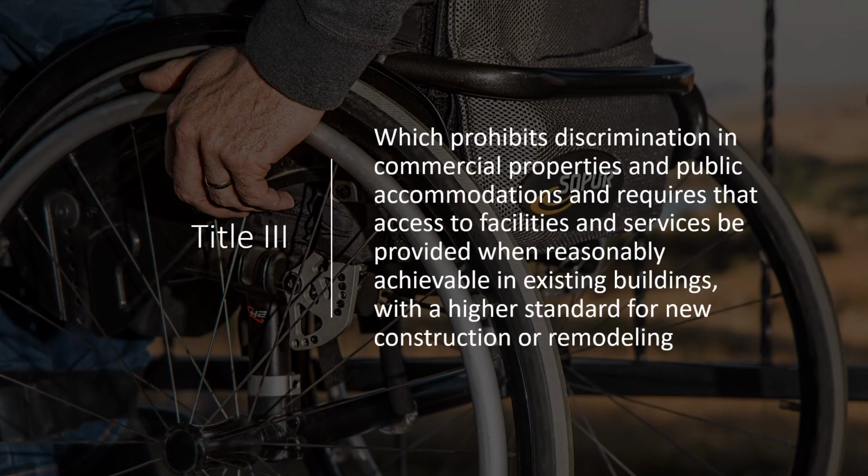Title III prohibits discrimination in commercial properties and public accommodation and requires that access to facilities and services be provided when reasonably achievable in existing buildings, with a higher standard for new construction or remodeling.